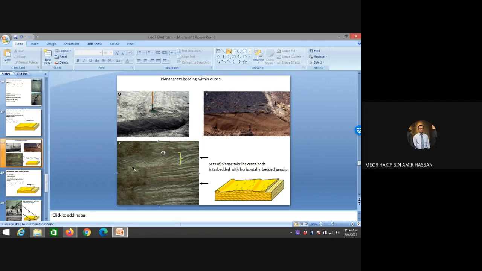Satu, dia tunjuk kita bahawa arah arus dia ke sini. From right to left, sebab dia dipping in this direction kan? Ya. So, biasanya if you trace crossbed ni, dia punya layers atau kita panggil foreset dia, kalau kita naik ke atas, sebab dia mencekung ke atas itu.